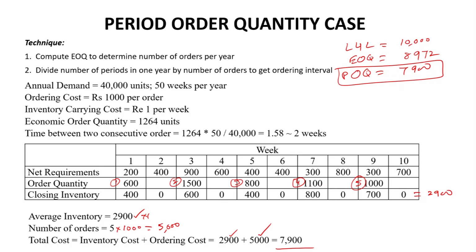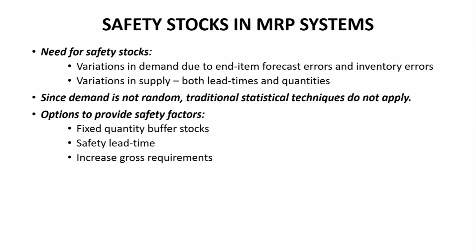So, for this particular demand data, we can pick the policy of periodic order quantity system, in which we are procuring after alternate weeks an order equivalent to 2 weeks of demand. So, that is our periodic order quantity case.